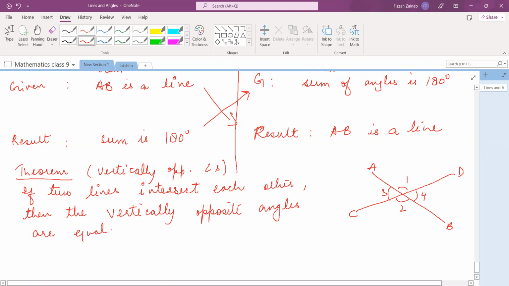All right. So you have to remember that they are equal. That's it. Now I'm going to give you some questions, and depending upon these two theorems, you will answer me.